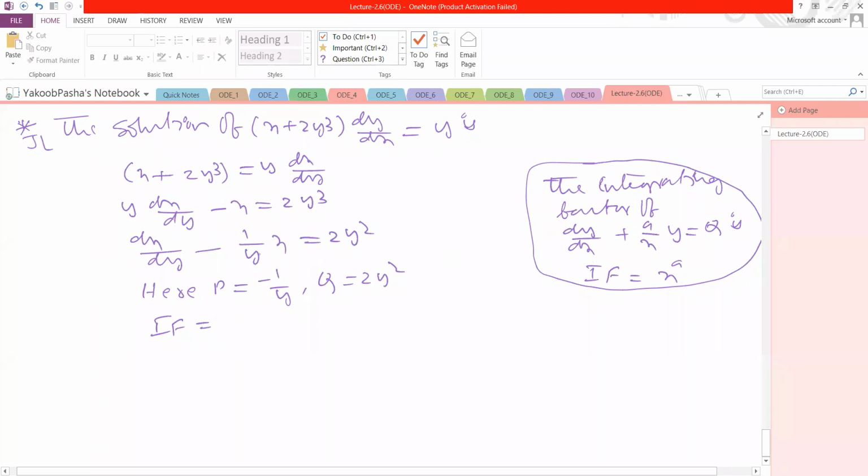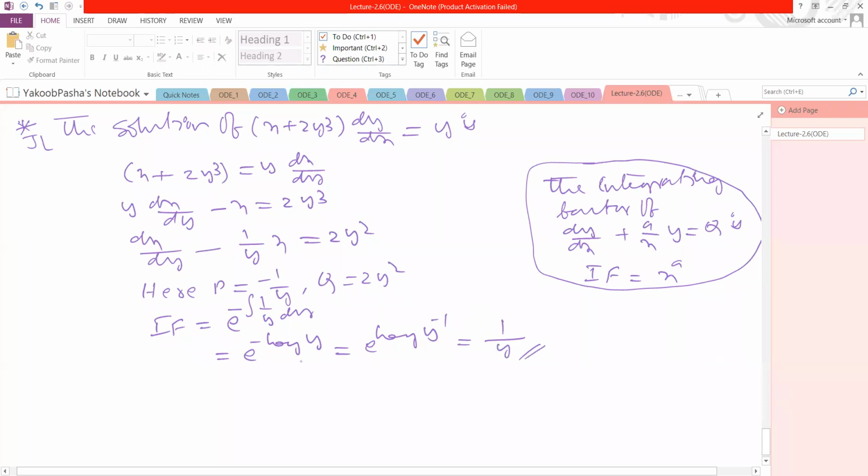So here the integrating factor is e to the power of minus integral 1 by y dy, which is e to the power of minus log y, that is equal to e to the power of log y whole power minus 1, that is 1 by y. Now after getting the integrating factor, we write the general solution. Here it is a linear differential equation in terms of x.